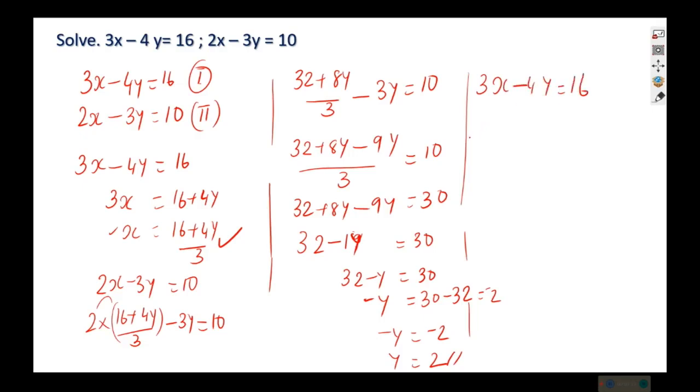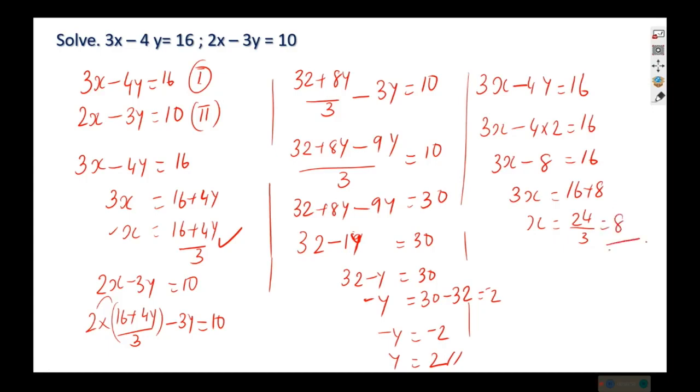We are having y with us now. 3x minus 4 into 2 is equal to 16. 3x minus 8 is equal to 16. 3x is equal to 16 plus 8, and x is equal to 24 upon 3, which is equal to 8.